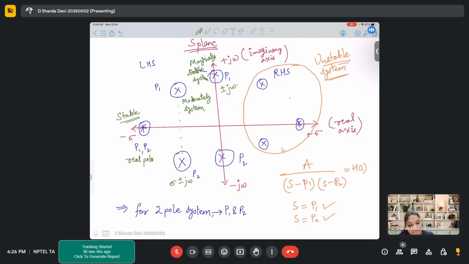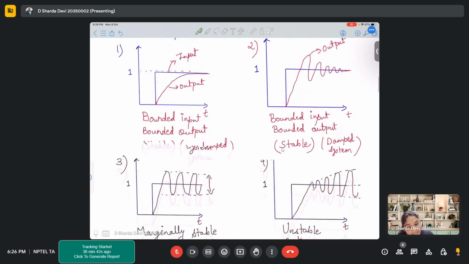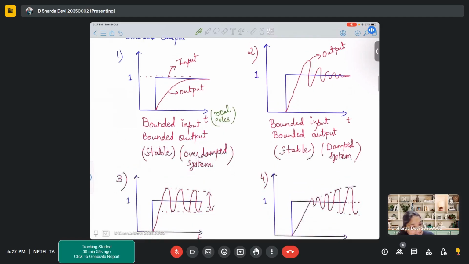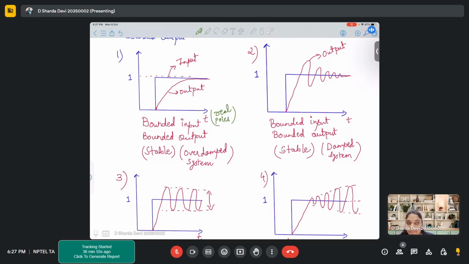So if we observe from these three, the overdamped system can be obtained from a real poles based system. The damped system can be obtained by sigma plus minus j omega. That is moderately stable.